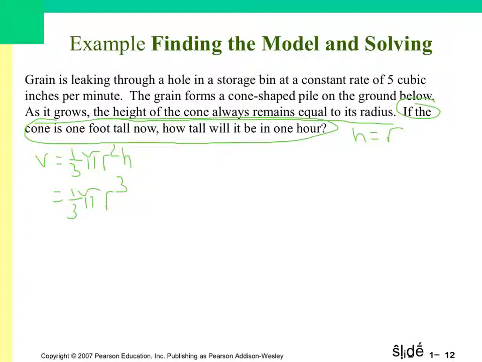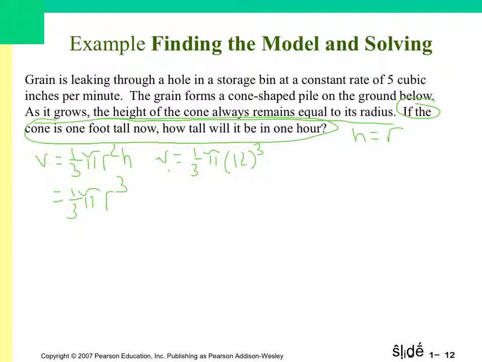Okay, well, let's see. Well, let's plug in what it is. Let's find out what the volume is right now. Now notice how it says 5 cubic inches per minute. So how much is 1 foot in inches? 12. So you would say the volume equals 1/3 pi times 12 cubed.